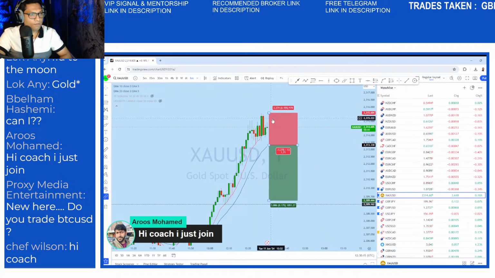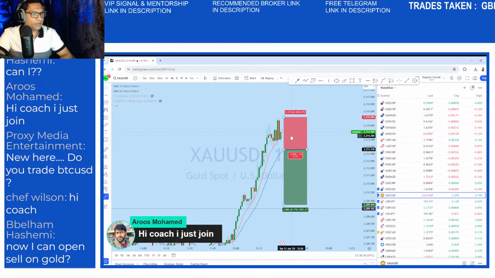There is a head and shoulder on the 1 minute, and waiting for a break from that head and shoulder. If it breaks below, then we will be triggering the trade.